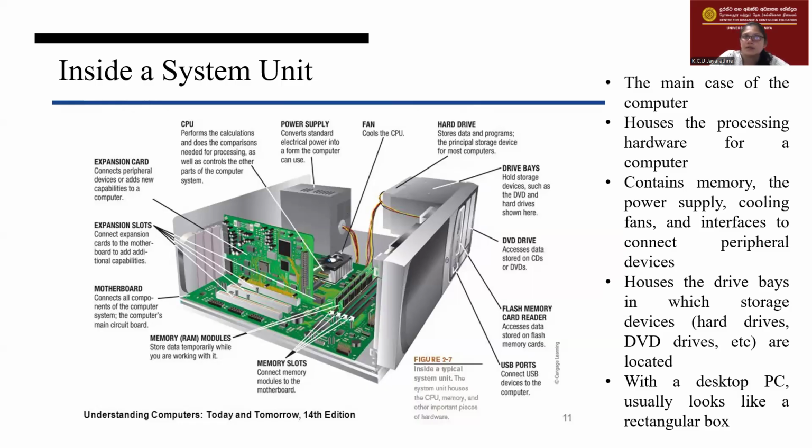So let's see what these things are doing in the system unit. The CPU performs the calculations and the comparisons needed for processing, as well as controlling the other parts of the computer system. The CPU is the biggest part in the system unit.